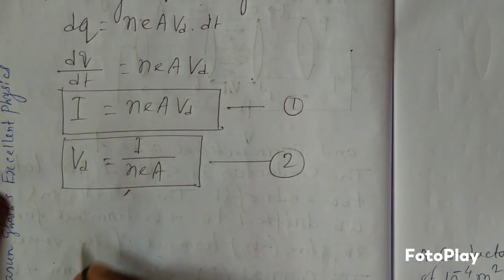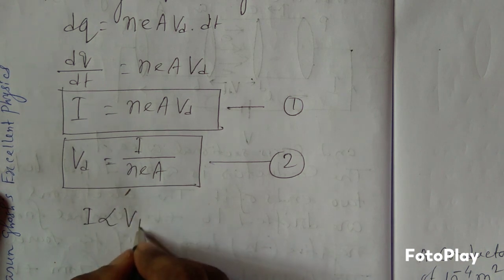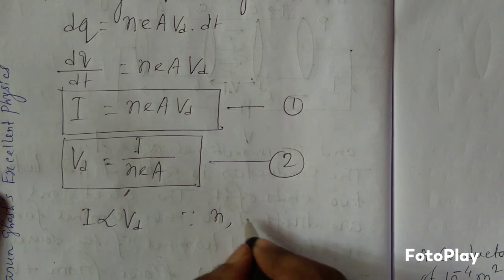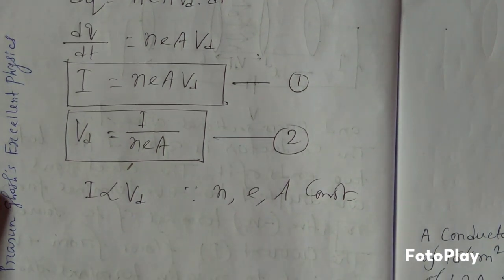So from this equation we can get I proportional to Vd, since n e A is constant.